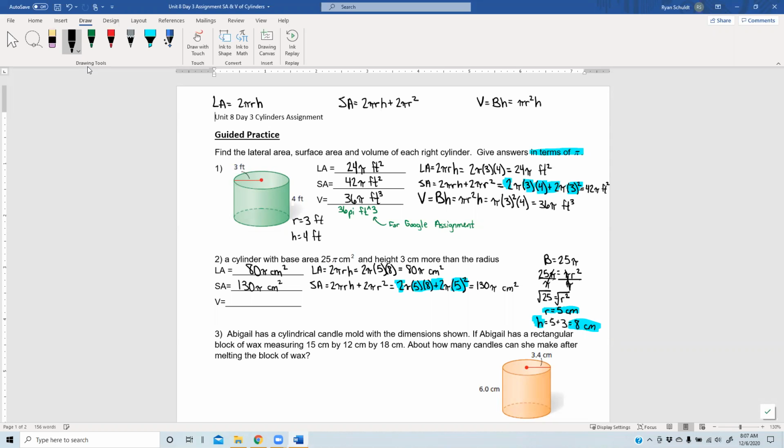And for volume, volume is big B times H, which is pi r squared times H. So pi r is 5 squared, H is 8.